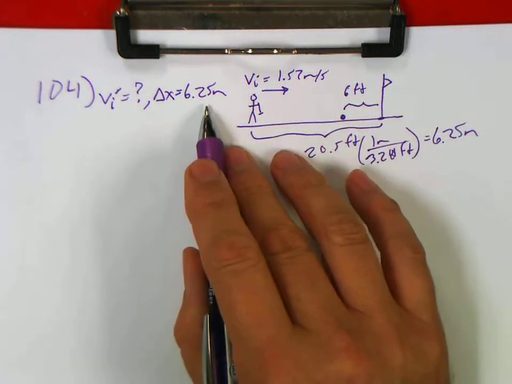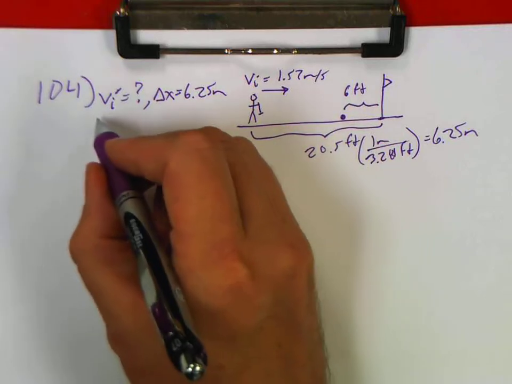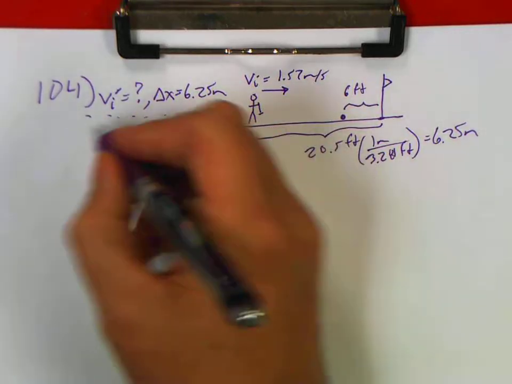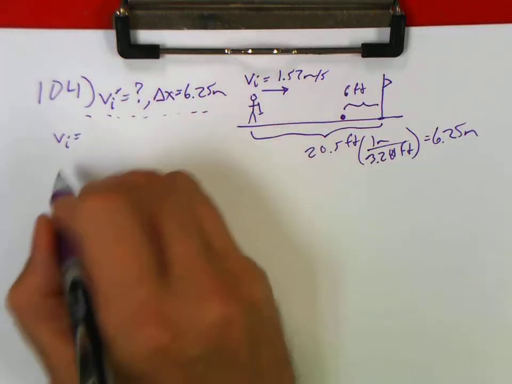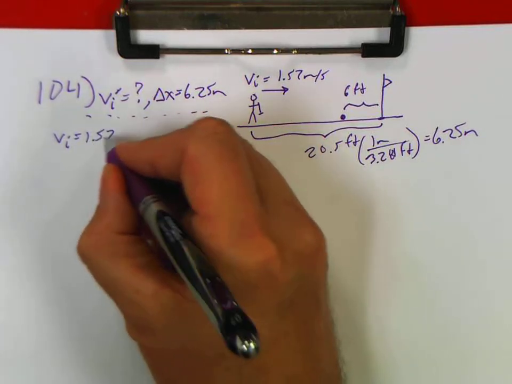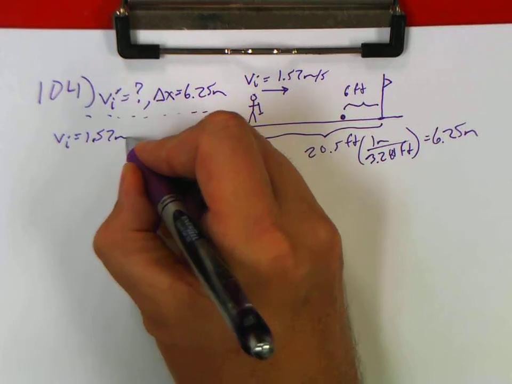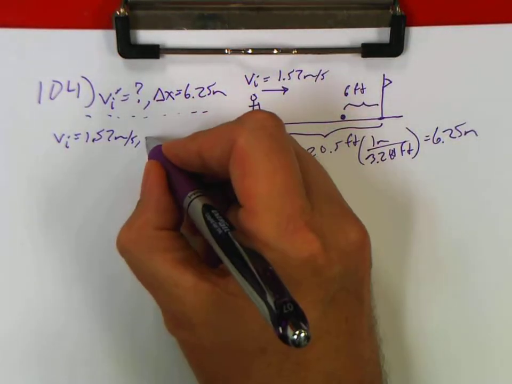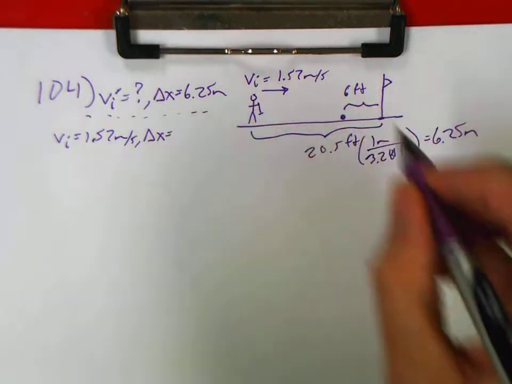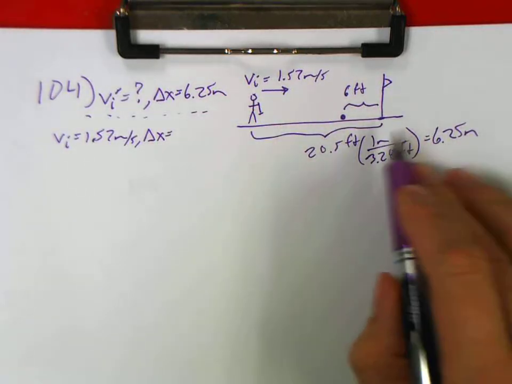So in order to find that, I am going to put that on the back burner for a second, and I'm going to say V initial is equal to 1.57 meters per second. That is the case when my displacement is equal to 6.25 meters.